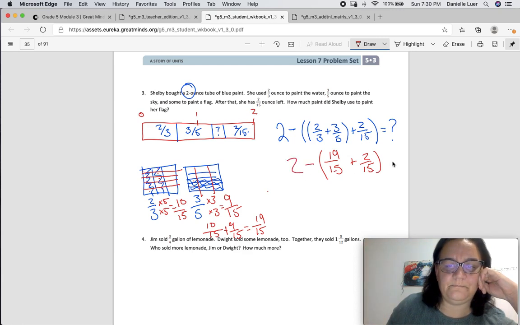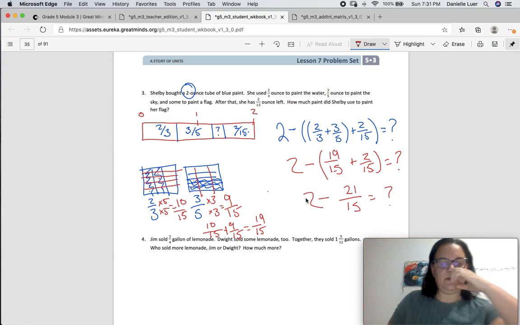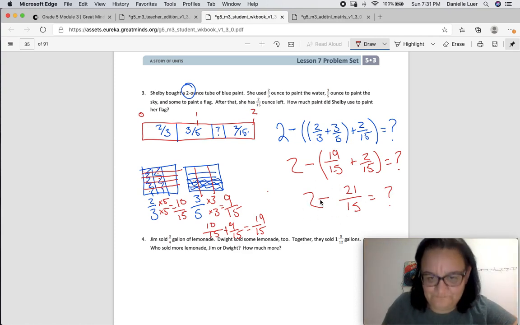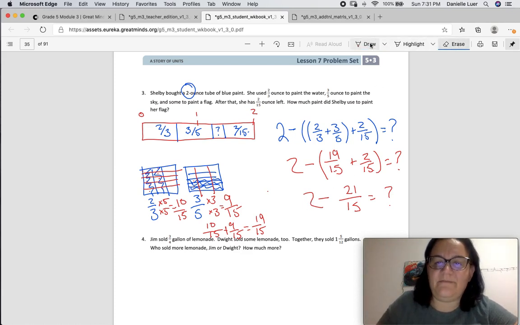So now 19/15 plus 2/15 equals 19 plus 2 is 21/15 minus 2 is my question mark. Okay, now it's subtraction, and I want to convert this into a fraction, and I want my fraction to have the denominator of 15 so that I can subtract it easily.